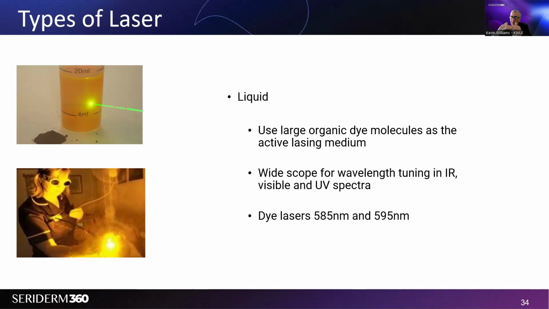White light goes into the yellow liquid, which creates, when we use mirrors to create amplification, this pulse of light coming out. And the light coming out of that depends on the organic dye that we use, but the typical popular ones are 585 and 595. And these are used predominantly. 595 is used for vascular lesions, 585 is for vascular, but there's a new application for treating acne with it as well.